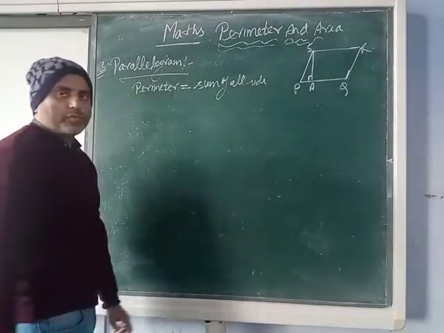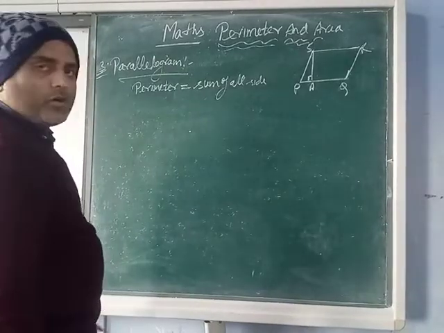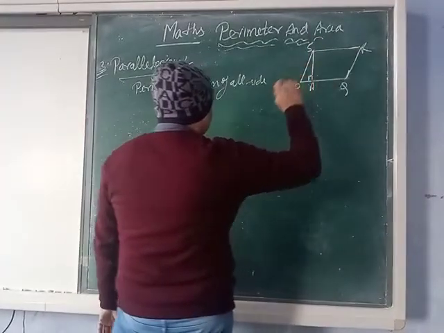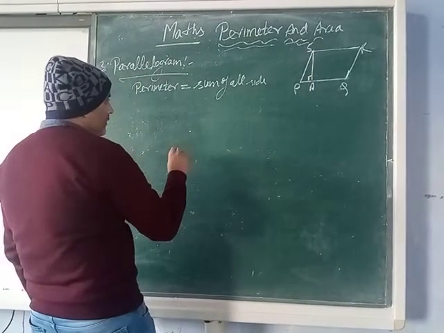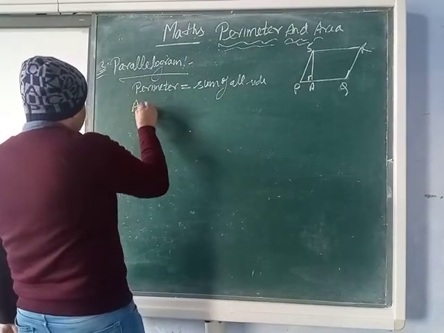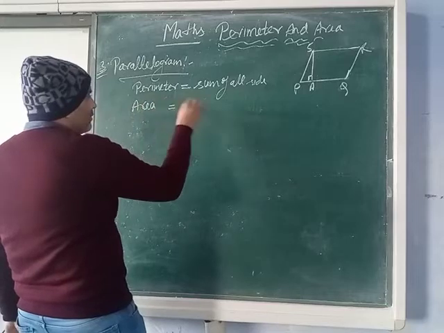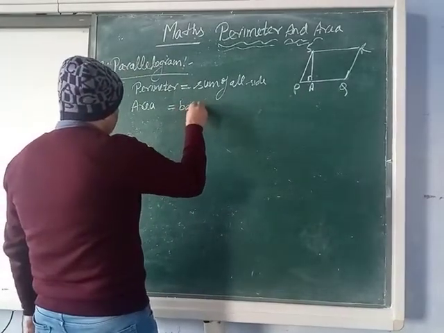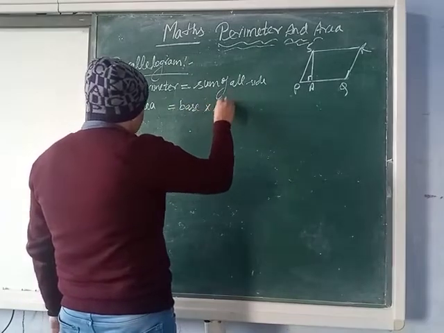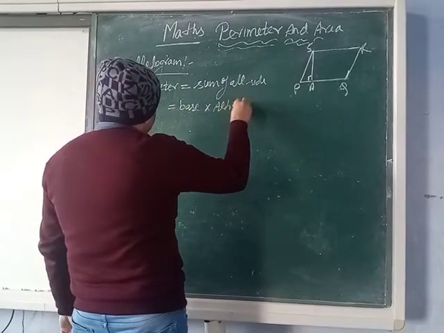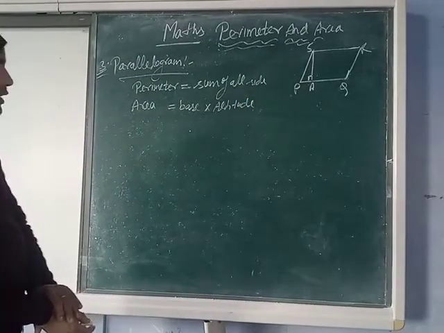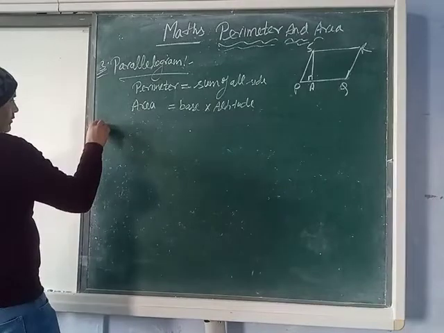In a parallelogram also opposite sides are equal, but not all angles are 90 degrees. So you will write PQ plus the sum of all sides simply. Then area is base multiplied by altitude.